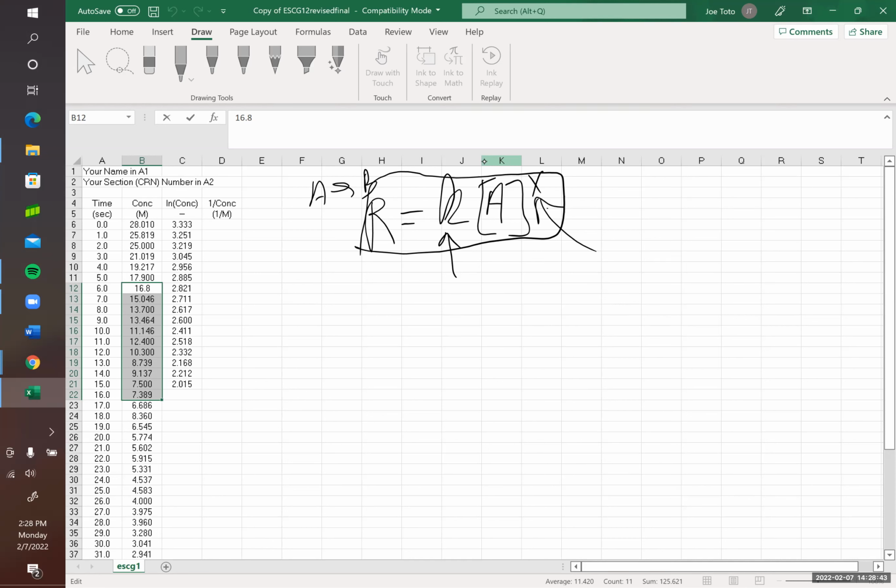Another way is with the integrated rate laws. And so for B, it says, what is the order? Right? So what is X? And include a statement of why you've come to this conclusion.